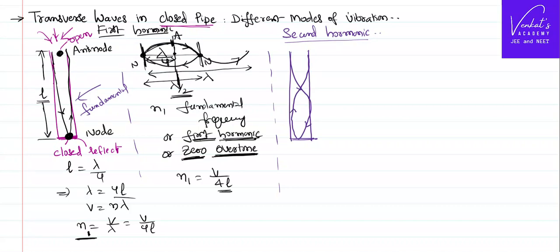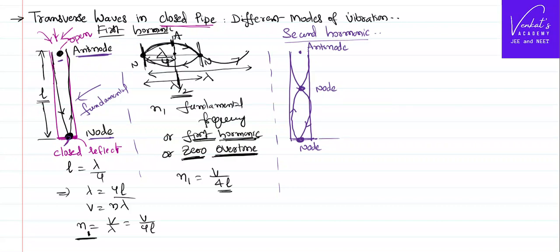One thing I want you to notice carefully is at the closed end, node. At the open end, antinode. So this is a closed end node. Here, of course, one more node is formed. Here at the open end, antinode is formed.